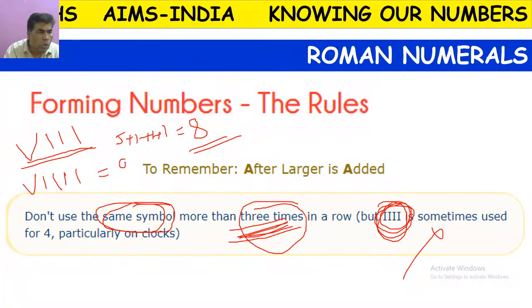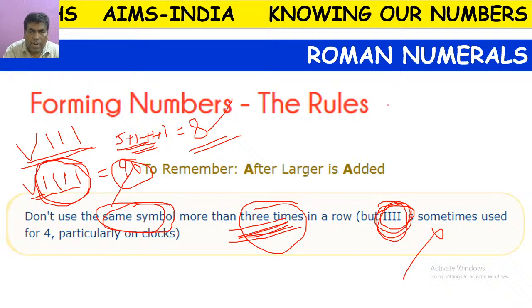what is this value? 9. Because 5 plus 1, 6, 7, 8, 9. But here, how many times is I added? 4 times. So that's why this is wrong. Only 3 times can we add. So for writing 9, what have we done?